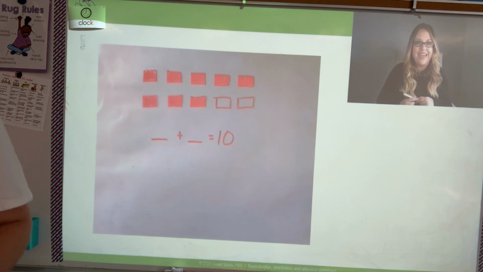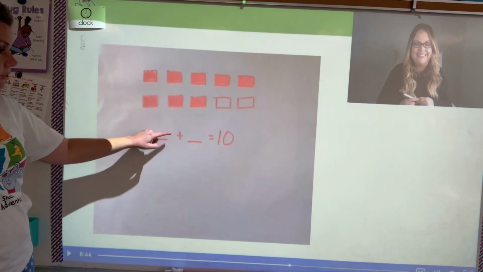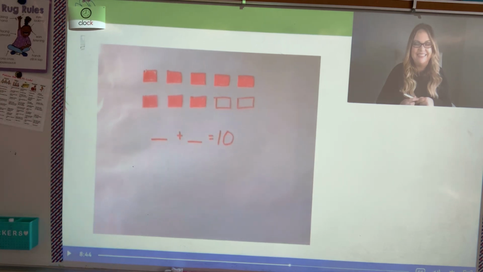Push pause to do that now. And if you'd rather do a box, you can do that too. But this time she's writing the parts first. See, my friend's working hard. That is wonderful.